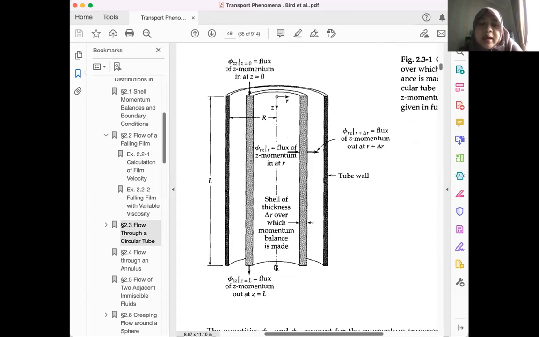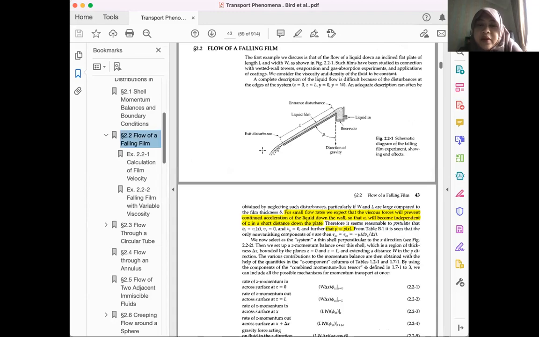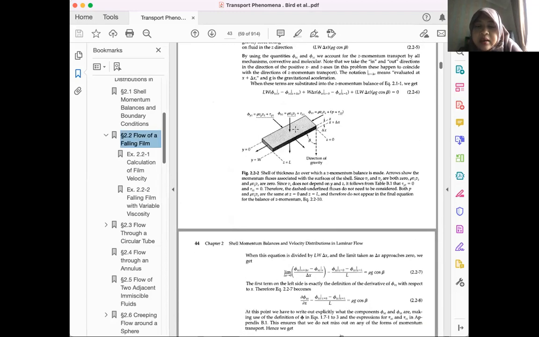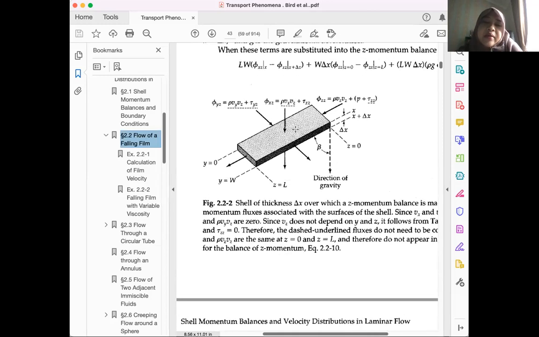Okay, I can give you an example. For example, in flowing fluids, it doesn't matter if we have two plates and we fill it with fluids. Whether it's a closed system or an open system, we still need to make this shell thickness.